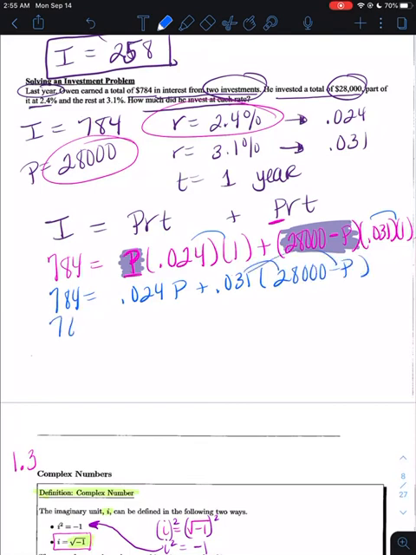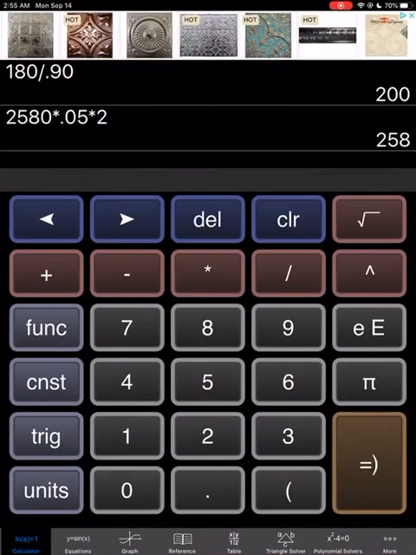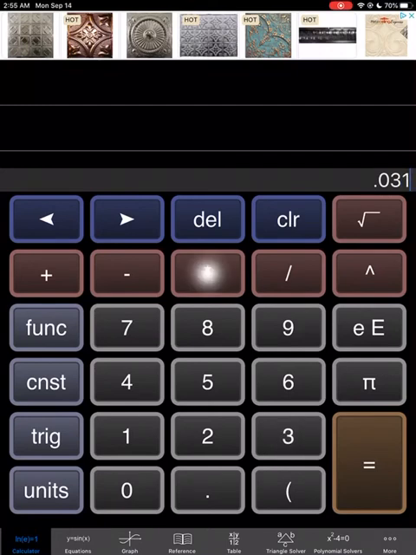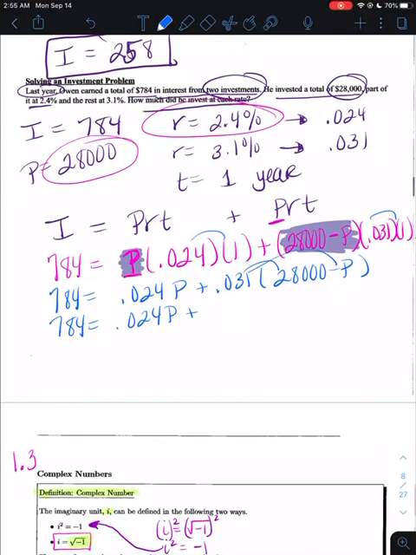Now I have to distribute this. So 784 equals 0.024p plus 0.031 times $28,000, which is $868.